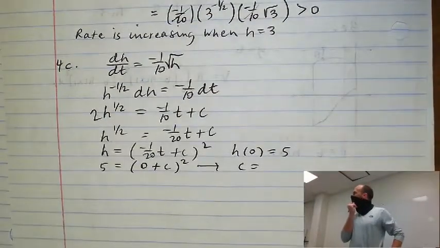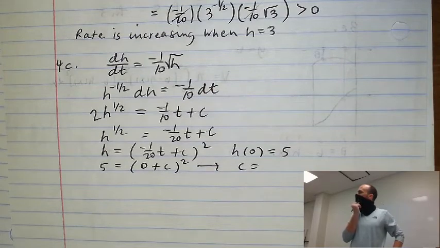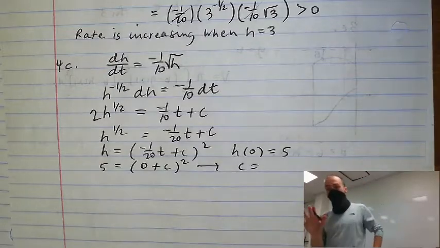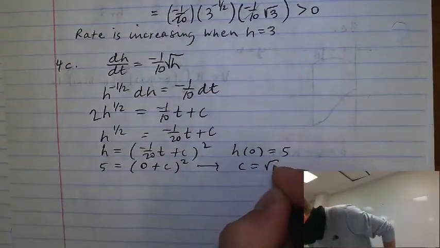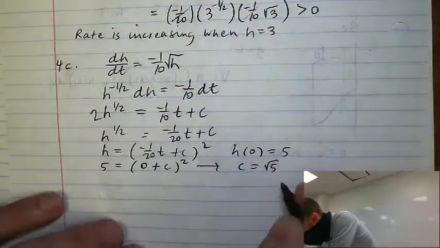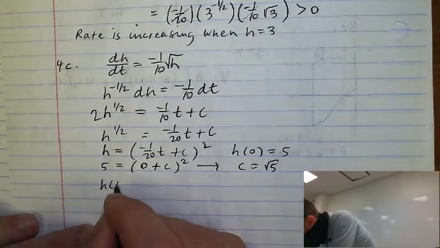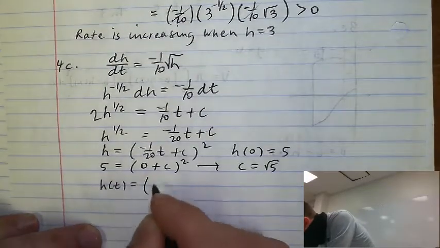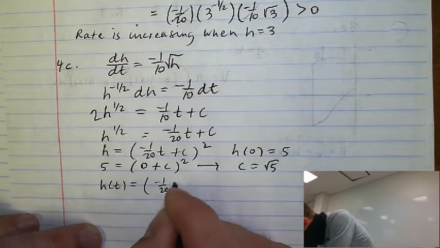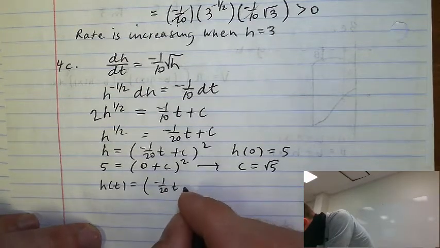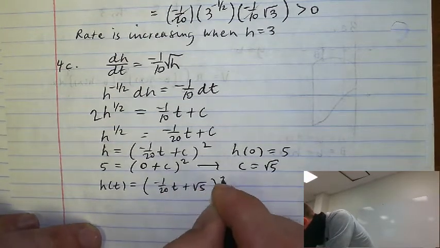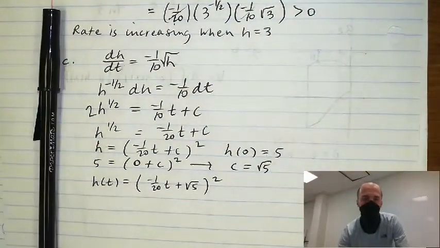Why can't it be minus the square root of 5? There's got to be some reason. Hold on, this is one I might have to pause and think about and come back. So h of t is going to be equal to -1/20th of t plus the square root of 5, squared.